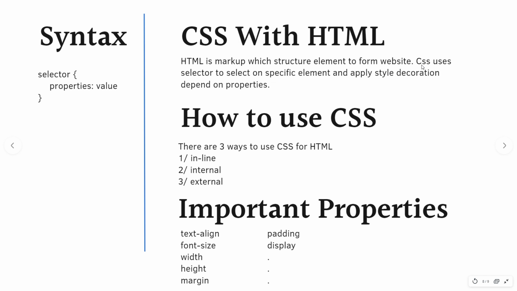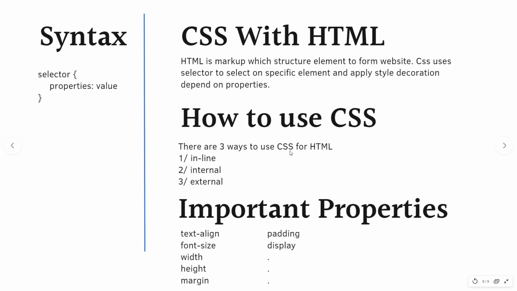It means that the CSS selects the HTML elements, and then we apply the style decoration depending on the properties. As I explained here, selector, property, value. It means that the selector is to specify the selection of the HTML elements, and we apply the properties with the value.